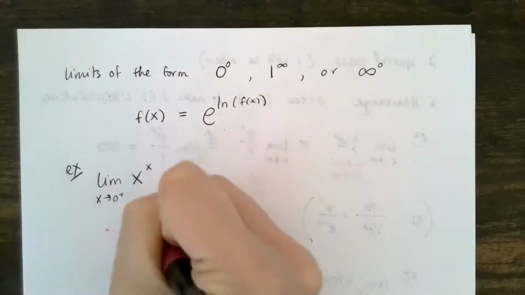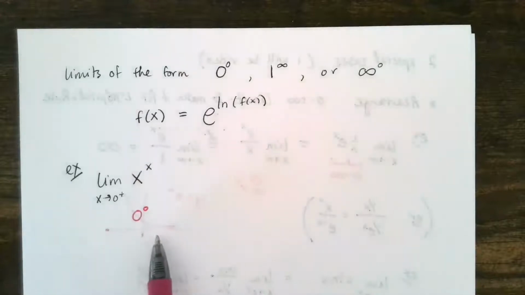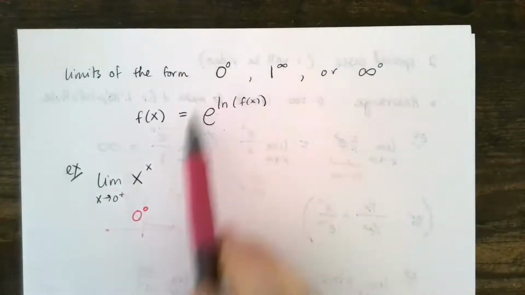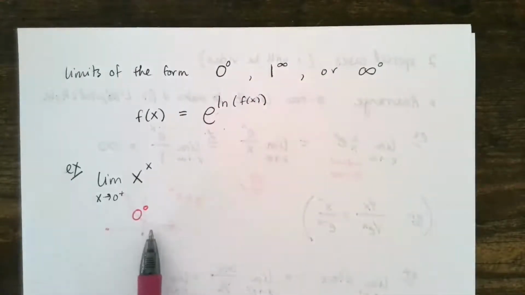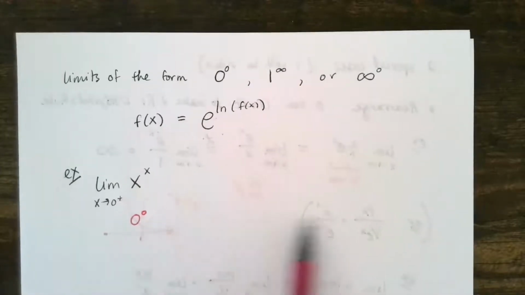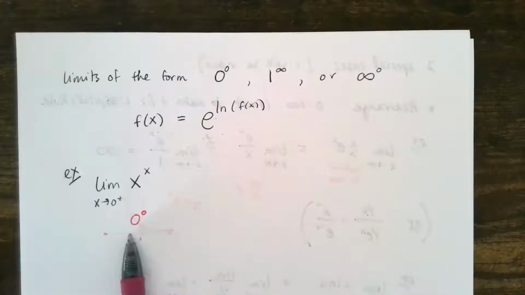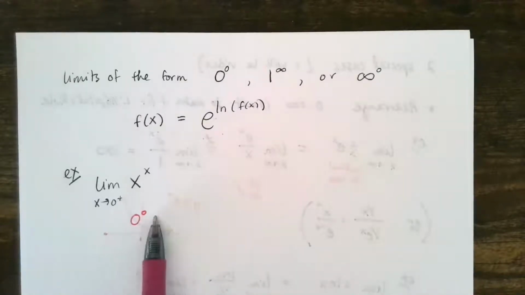The exponent is definitely going to 0. So this fits that first type here. So this is an indeterminate form, meaning things that have this format, they end up with all different answers for the limit. Like it's not obvious what it will end with, it's still a mystery. 0 to any power feels like it would be 0, but then any number to the 0 power should be 1, right? There's competing forces.